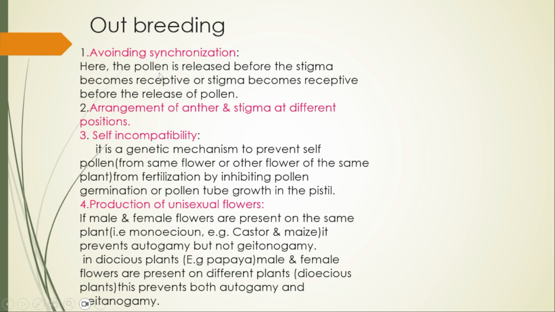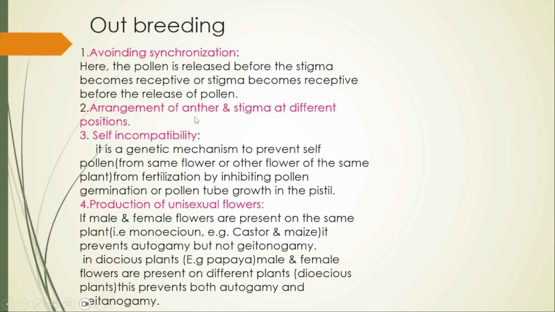Means either pollen is released early or the stigma becomes receptive early. So by that, self-pollination is avoided. Why do they avoid self-pollination? Because whenever self-pollination happens again and again, inbreeding depression will occur. To avoid that, there is avoiding synchronization.